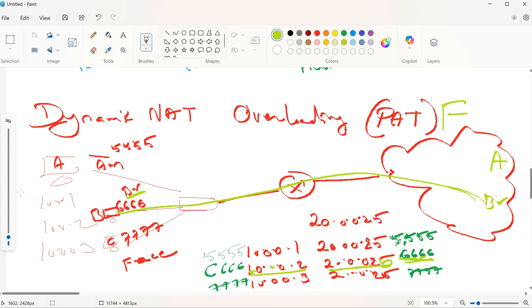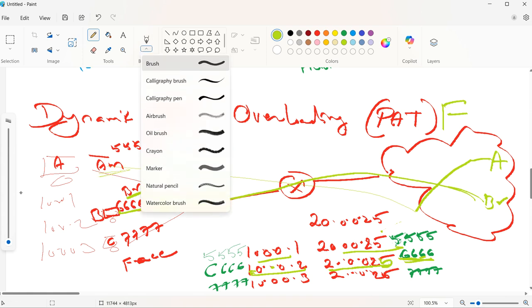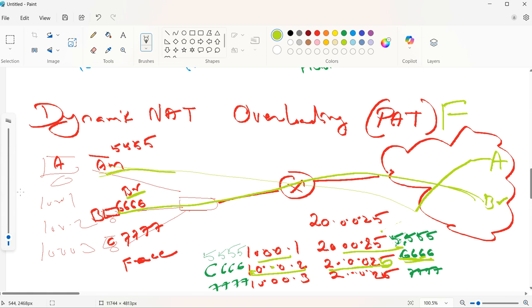Likewise, when Amazon responds back, it responds to the port number 5555 and IP address 20.0.0.25, which is mapped here to 10.0.0.1. So the traffic goes only to 10.0.0.1, who is the original requester of Amazon.